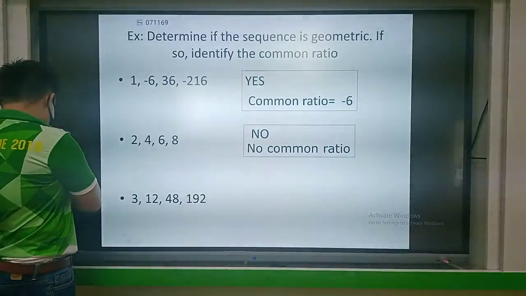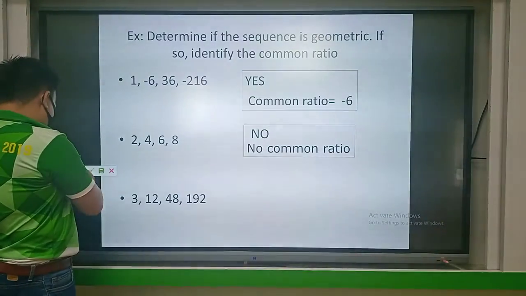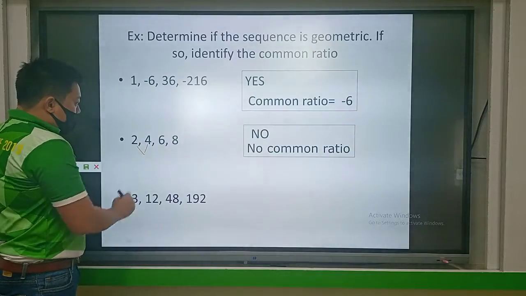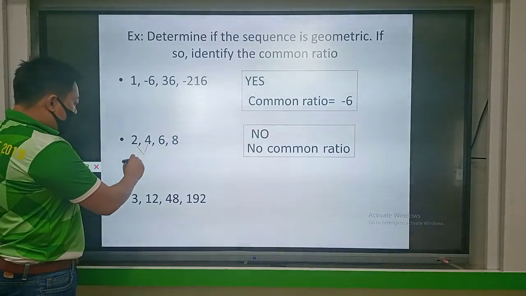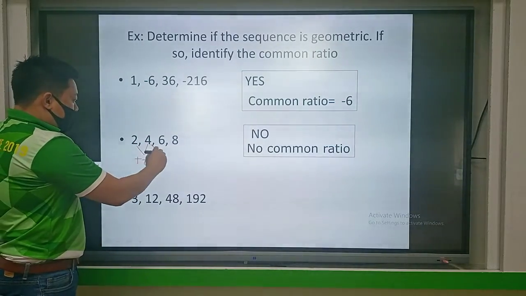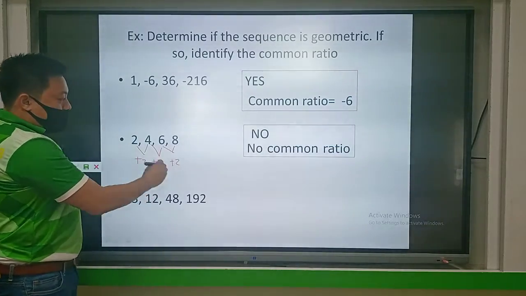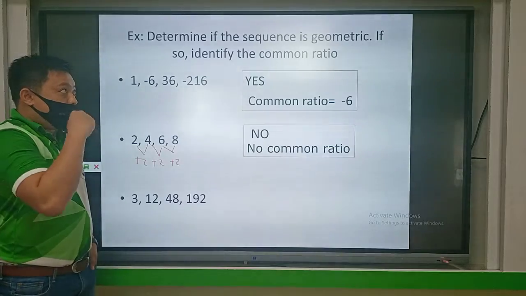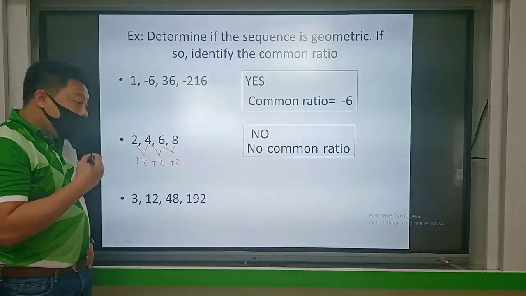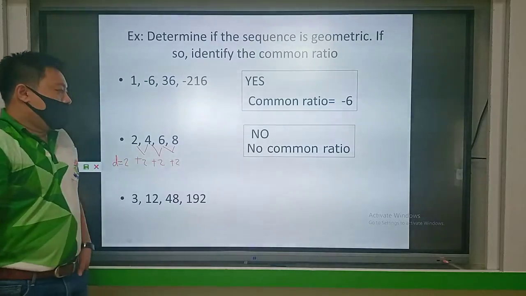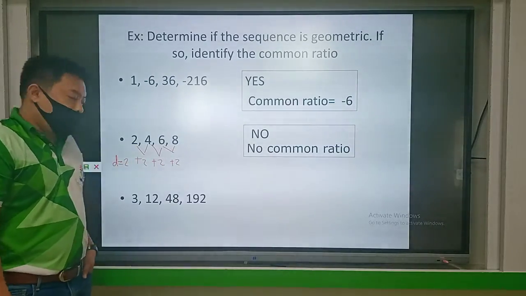Remember, in an arithmetic sequence we add or we subtract. Here we just have +2, so this is not geometric, but it is an arithmetic sequence. Its D is equal to 2. This is from our previous lesson.